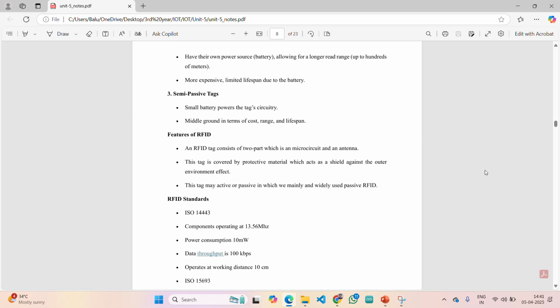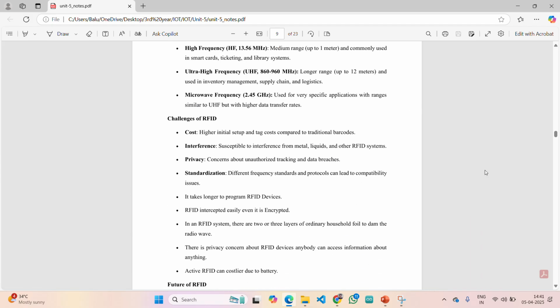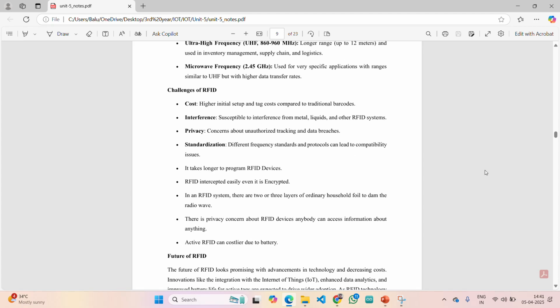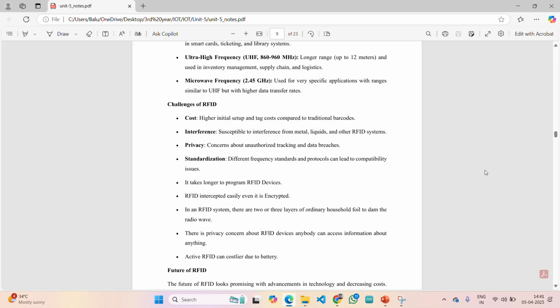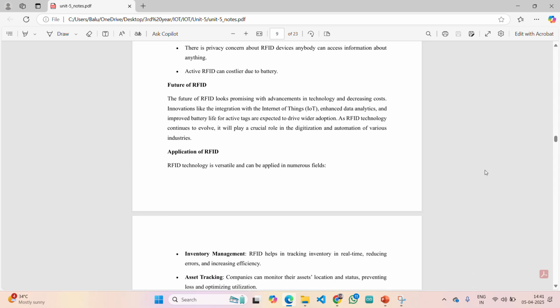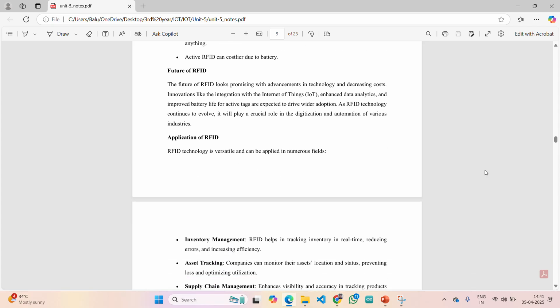And coming to applications, as I already mentioned, based on your application, you will use different types of RFIDs or different types of tags. One more thing: as I told, in Wi-Fi cards we need to take the shorter range one.